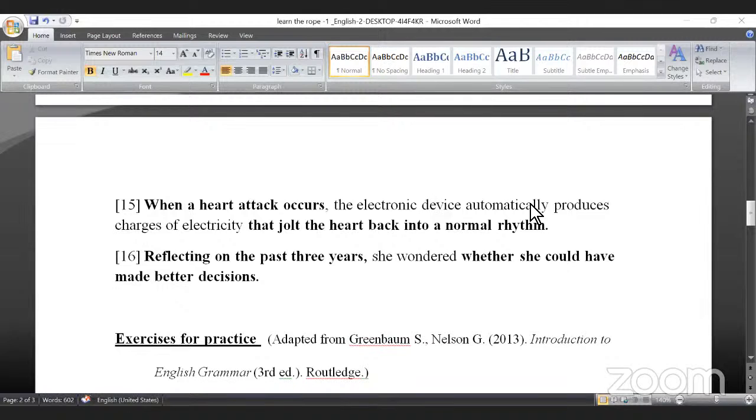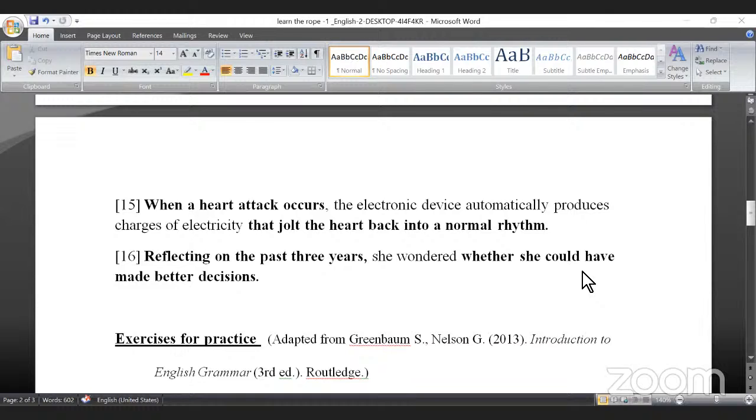Now, if you look at the second one, it could be about time, it could be about place, or it could be about how, which refers to the manner in which the verb has happened. Or it could be about certain conditions, reasons or purpose.